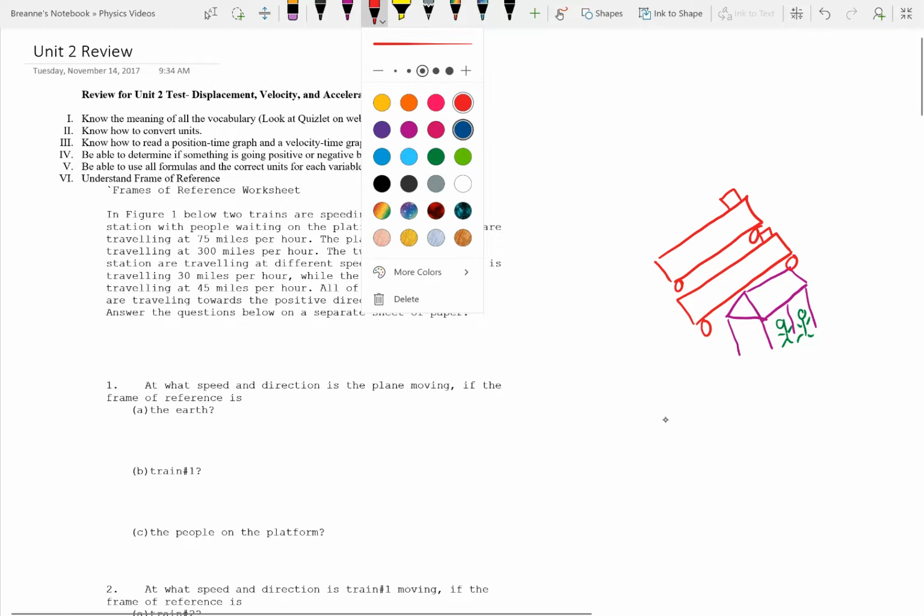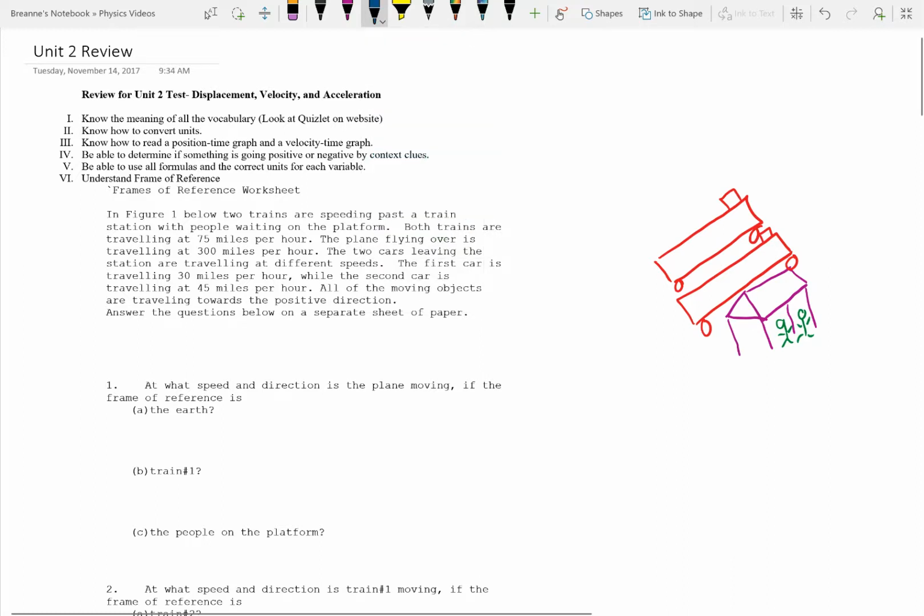Okay. So now, both trains are traveling at 75 miles per hour. There's a plane flying overhead. So let's work on our plane. Little propeller. Wing. Wing.